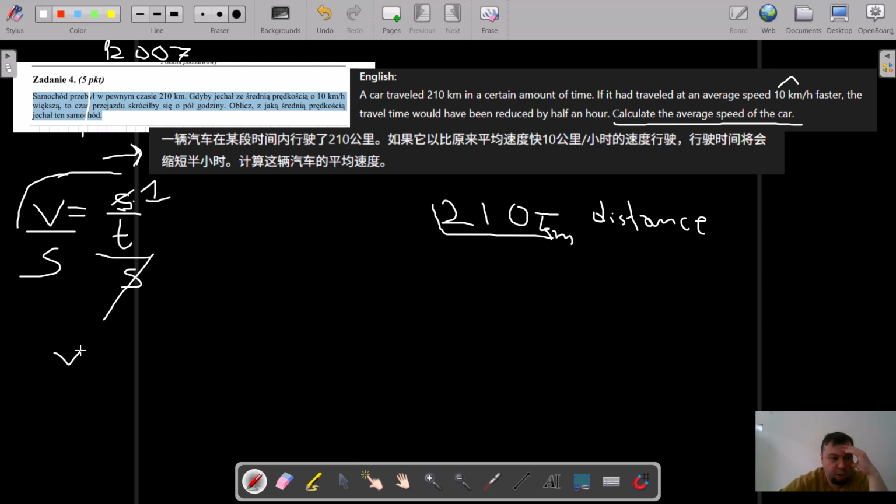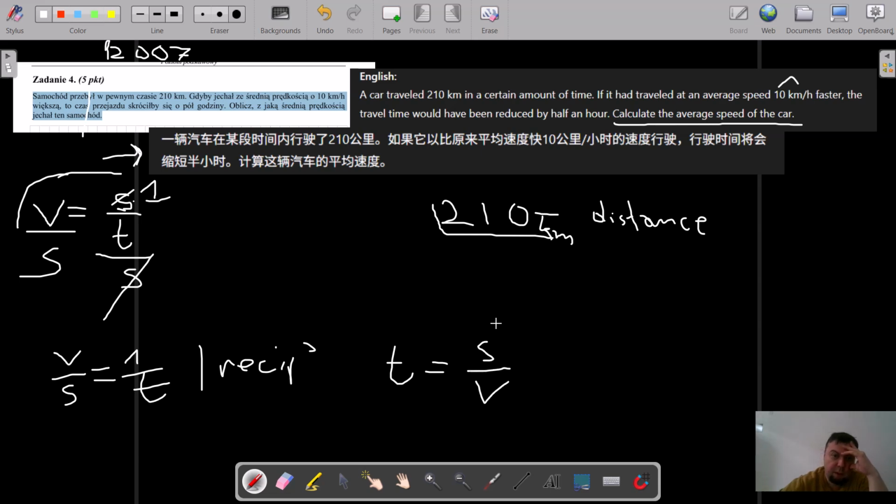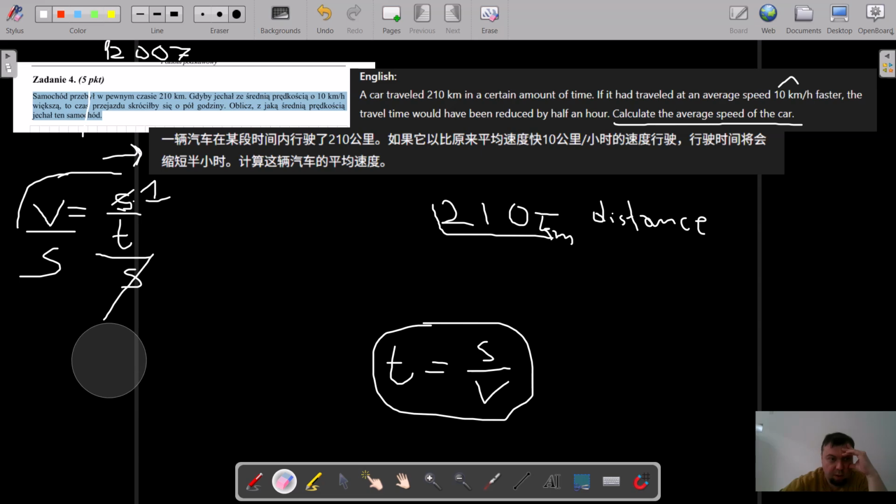So you have v over s equals 1 over t. Then you will take the reciprocal, so you need to reverse this, and you will get that t equals s divided by v. This is the formula for time. And from this formula for time, we'll establish an equation which will help us to find the average speed.